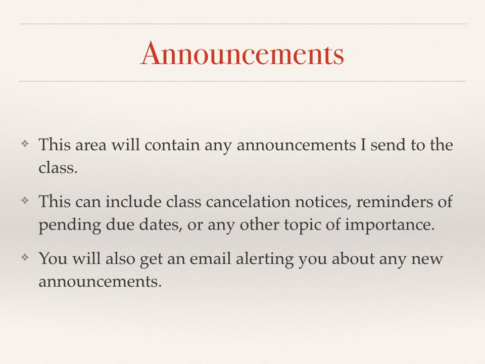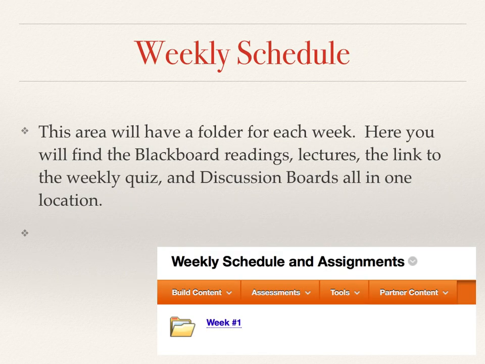Sometimes I'll make some comments like, if I'm noticing a common mistake in discussion boards, I will send out an announcement on that. When I send out an announcement, you will also get an email alerting you that I have sent an announcement. Please don't ignore these announcements because if I'm going to send something out about it, it's pretty important.